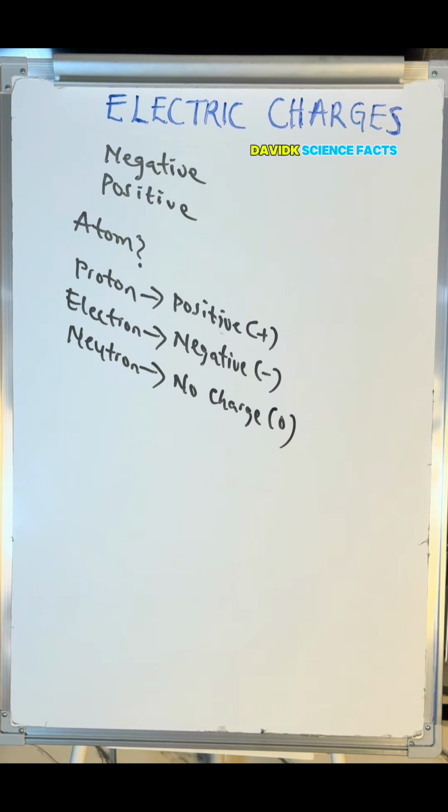Normally, the number of protons is equal to the number of electrons. So the atom is neutral. That is when no charges are formed. Now let's take a look at how charges are formed. Charges are formed only when electrons move.